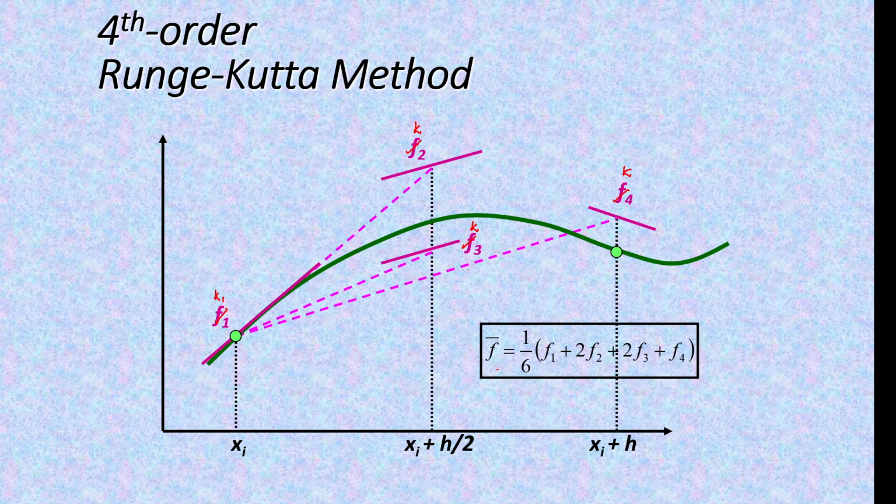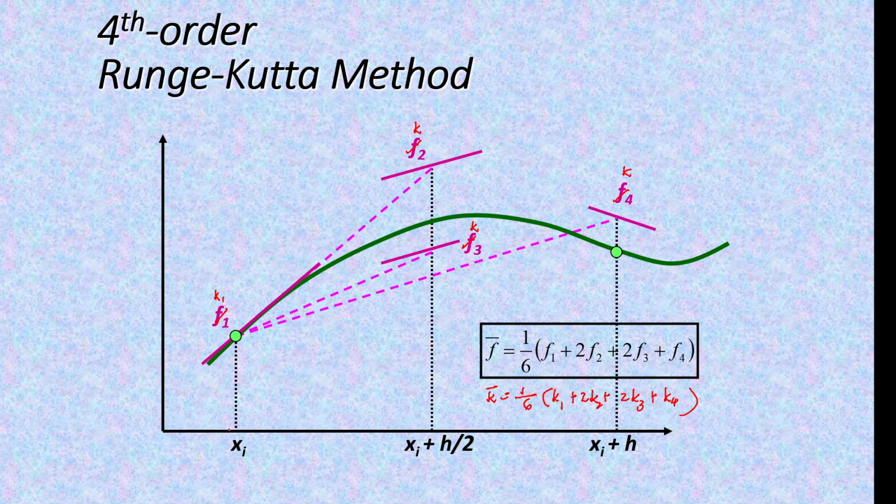And then the average K is 1 over 6 of K1 plus 2K2 plus 2K3 plus K4. This means the average of the K is 1 over 6 of K1 plus 2K2 plus 2K3 plus K4.